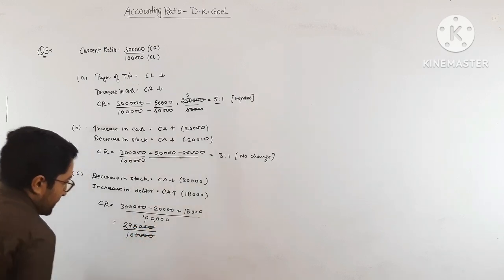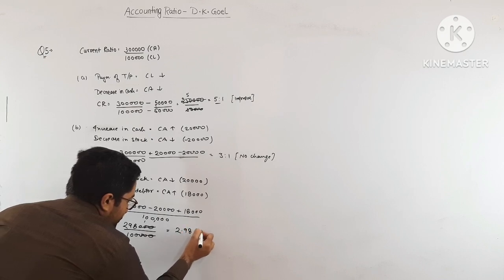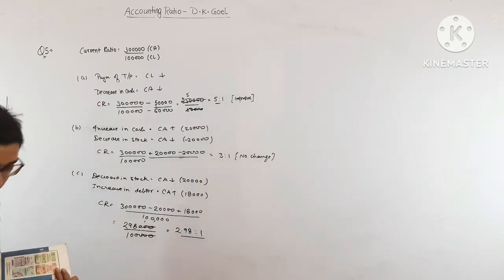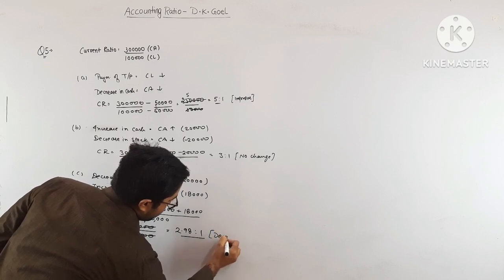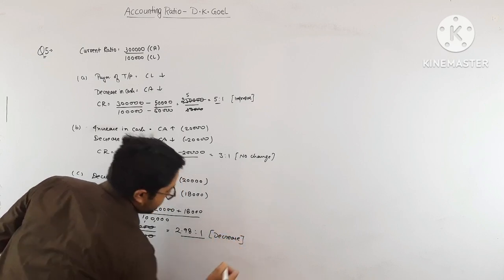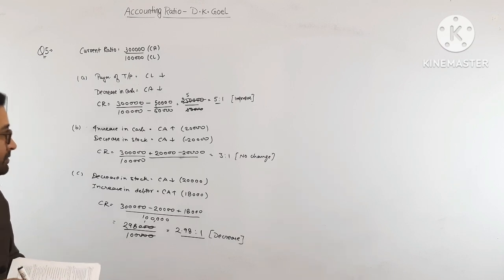So the ratio will be 2.98:1. So the ratio will decrease. Current ratio is decreasing. Third answer, reduce. Correct.